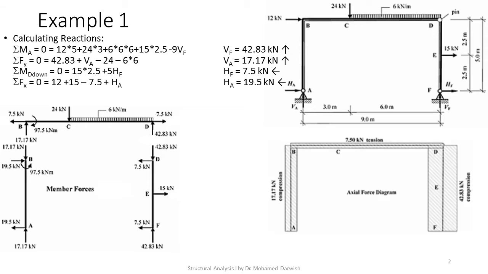So if we draw the axial force diagram, we'll see the 17.17 force of compression in AB, a tension of 7.5 kilonewton in BD, and a compression of 42.83 kilonewton in DF.